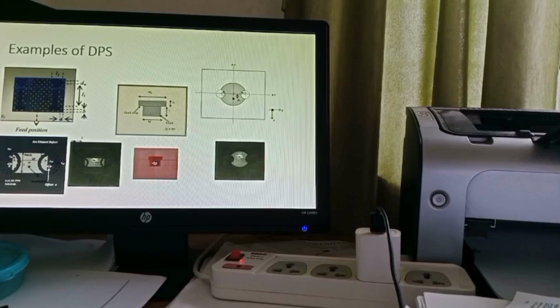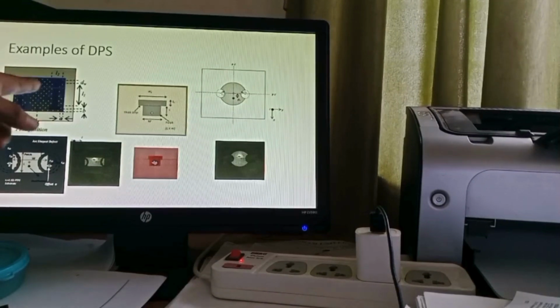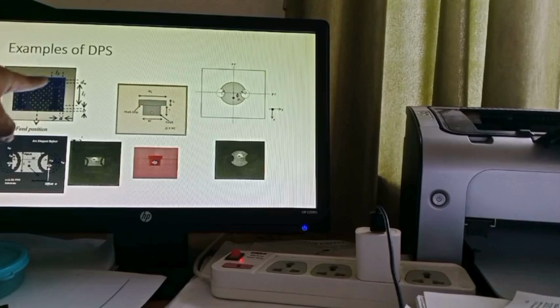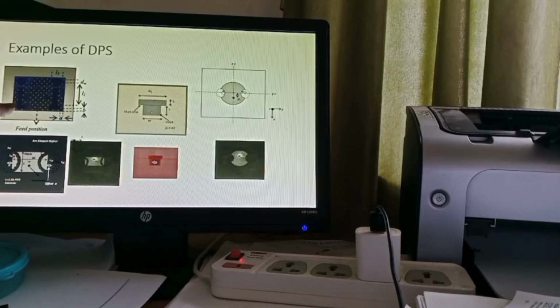And these are the examples of defected patch surface. In the top left, you can see there is a patch, and over the patch there is a dumbbell-shaped cut. This is basically a defect, defecting the rectangular patch geometry.